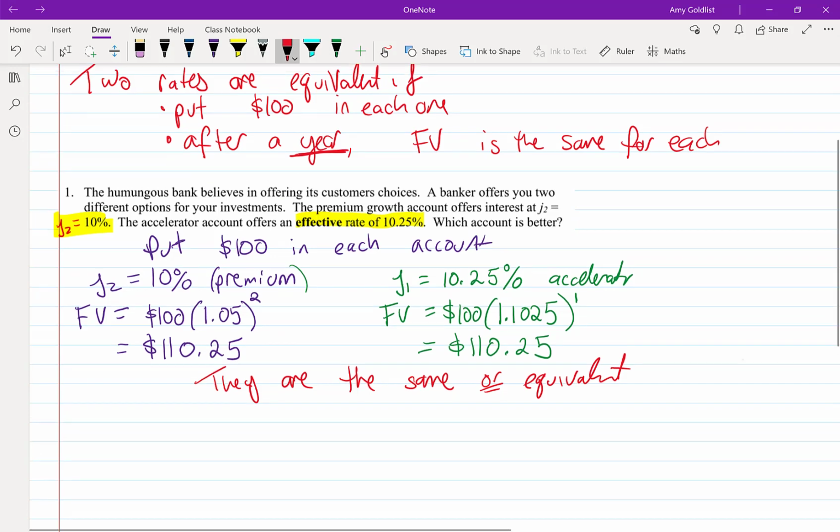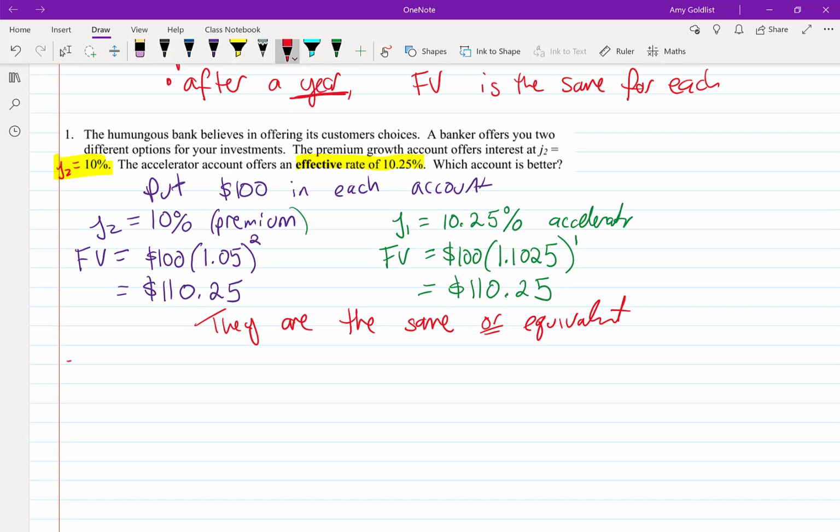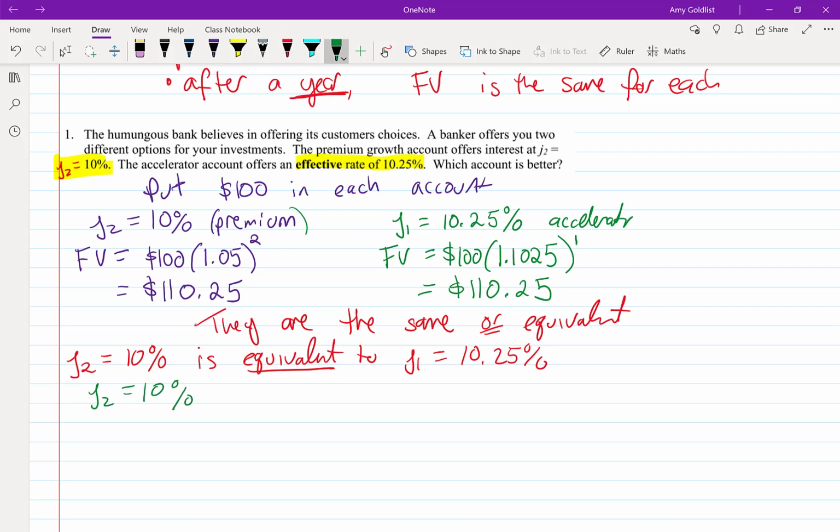So I'm going to write that in a few different ways. J_2 equals 10% is equivalent to J_1 equals 10.25%. J_2 equals 10% is effectively, you'll see this given a lot.